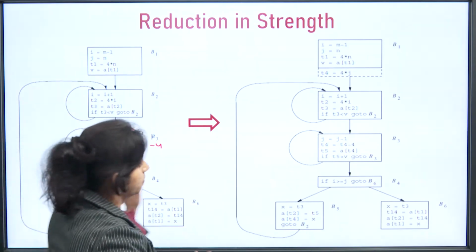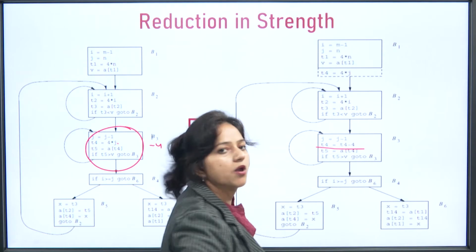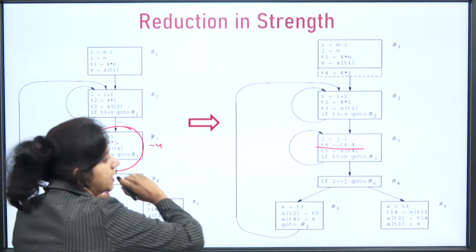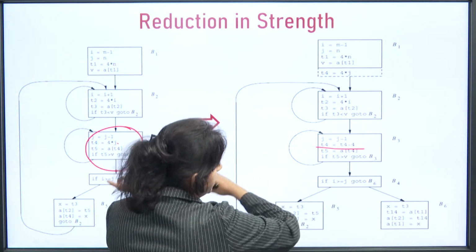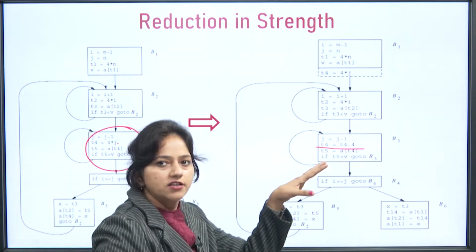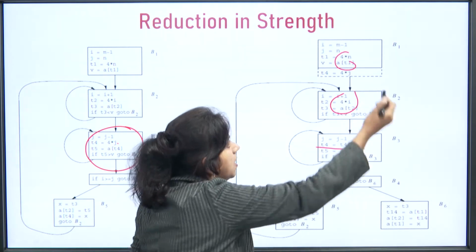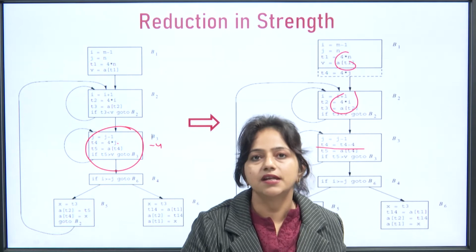So, we can write t is equal to T4 minus 4. Here we have changed the multiplication operator to a minus operator, so we have replaced the costly operator with the cheaper one. The same can be done here and at every other place. So, this is reduction in strength.